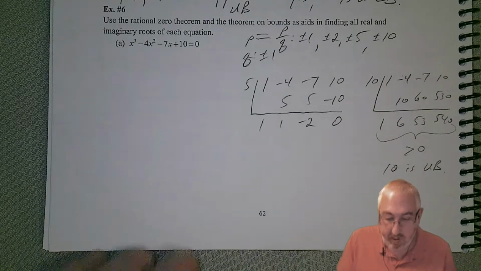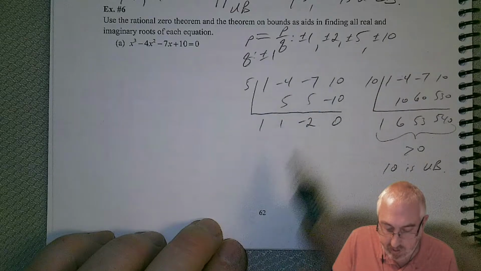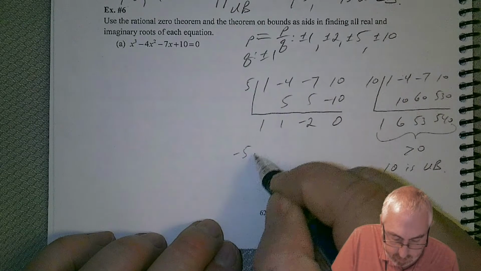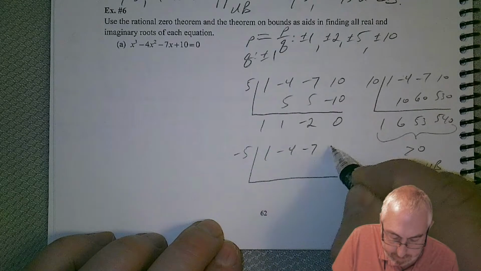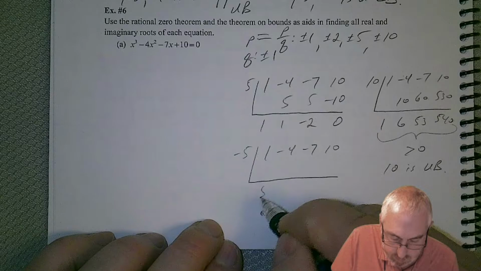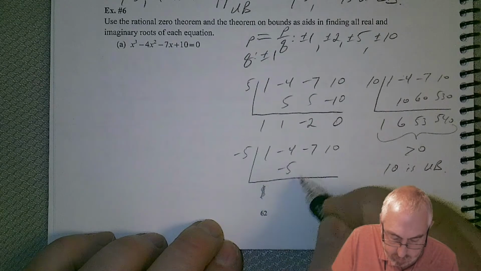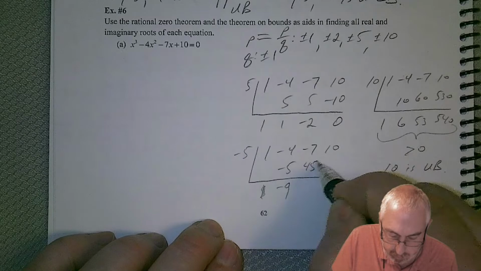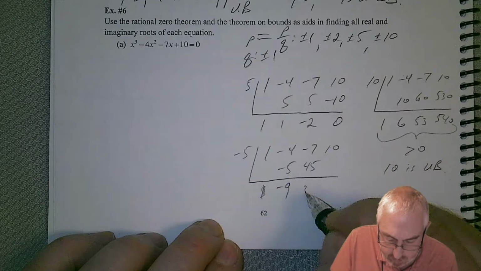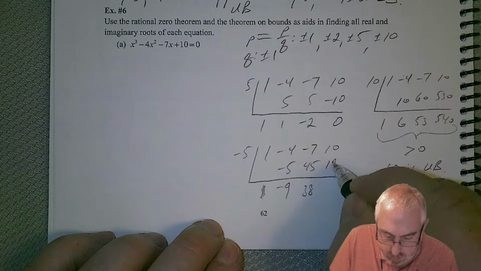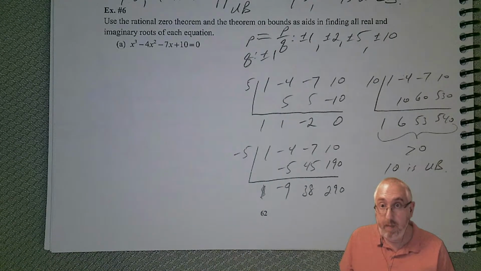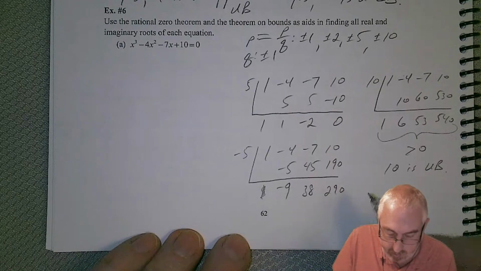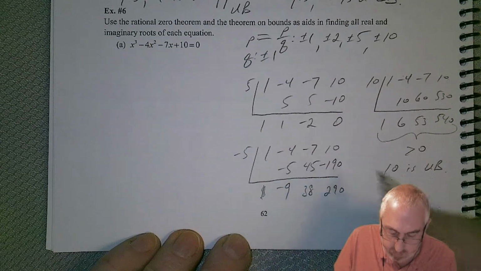Same thing on the lower end. If we would have checked something low, let's try -5. See if -5 is a lower bound. So when we multiply and add, well, based off of that, it doesn't look like, oh, actually, I made a boo-boo, didn't I? Negative 5 times that would have been a negative 190.